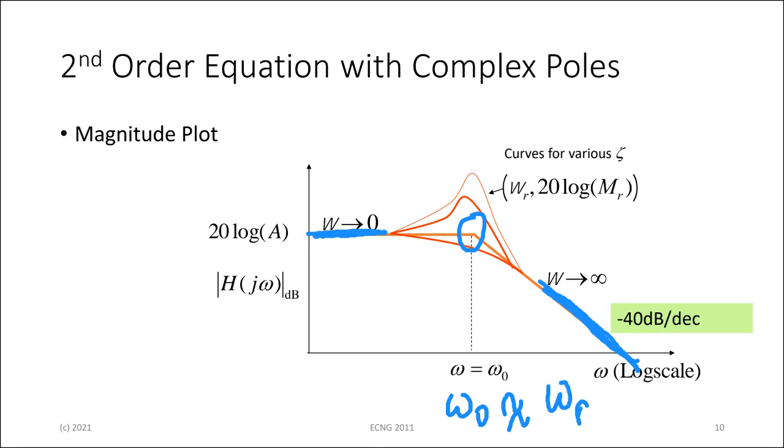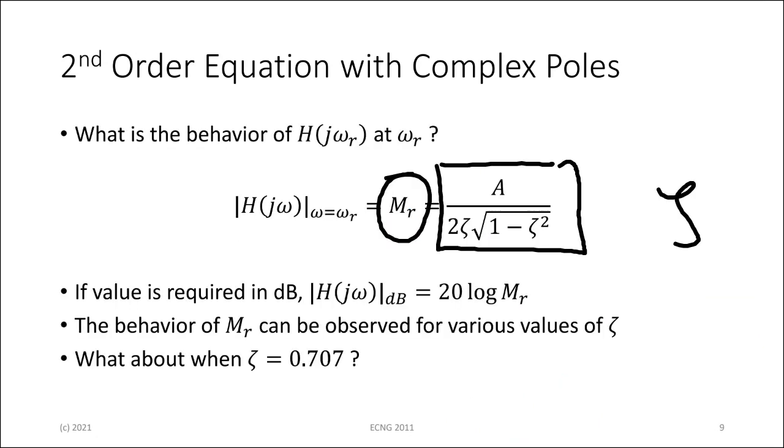What is going to happen now, depending on the value of zeta, because the magnitude of the response at that point depends now on zeta. So look at this. When zeta is very small, this magnitude is going to be high. And when zeta approaches 0.707, then it minimizes itself.